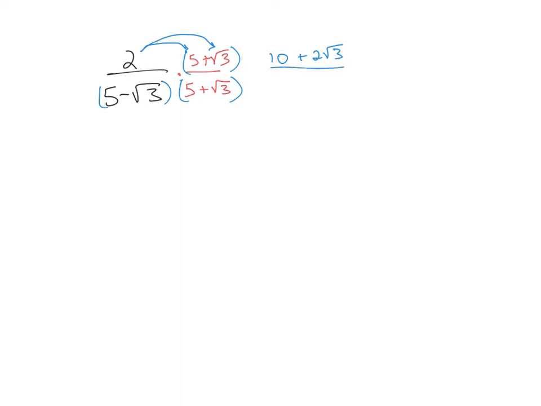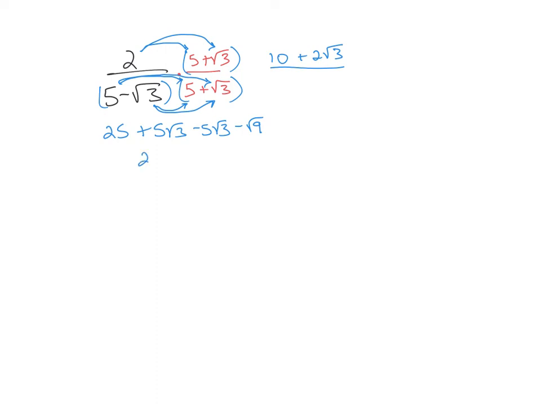This one, we got a FOIL, if you remember that, or just distribute everything. 5 times 5 is 25. Then I get plus 5 square root of 3. And this one I get minus, there's a negative in front of that square root, minus 5 square root of 3. And minus the square root of 9. I can do square root of 3 and square root of 3, I get 9.